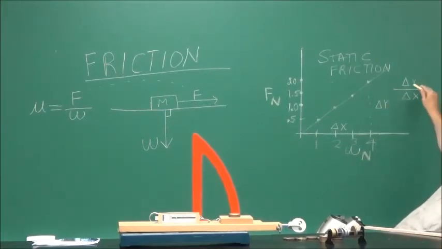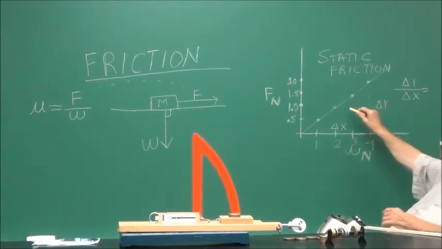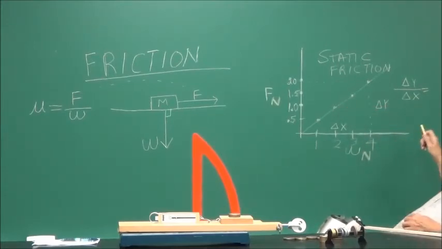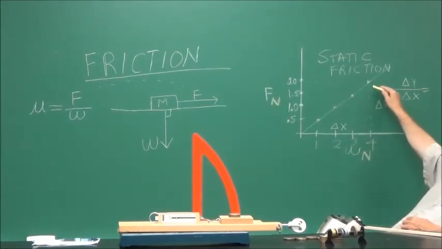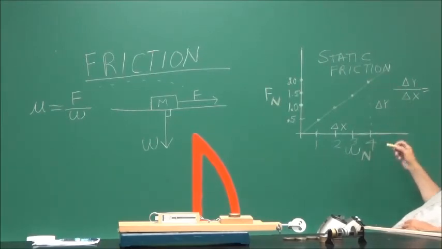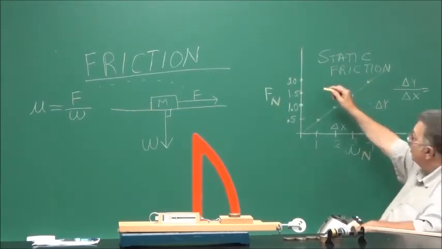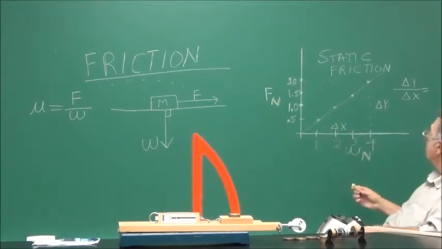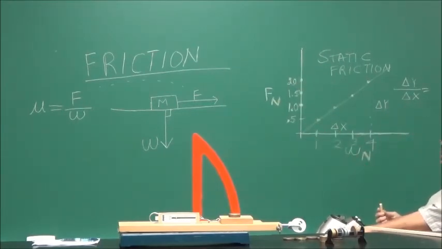Now, if you take delta y over delta x, the rise over the run, you get the slope of this. Let's just take 2.0 over 4, that would be your slope. So 2 over 4 would be 0.5.